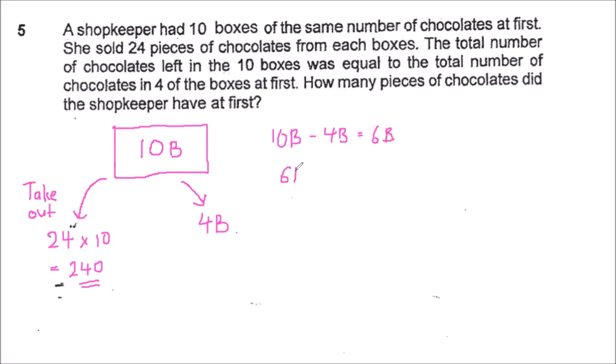So this 6 boxes equals 240. So one box would be 240 divided by 6. We have 40. And if you want to find at first, it will be 10 boxes. 10 boxes will be 40 times 10. We have 400 chocolates at first. Okay, so that's the answer.